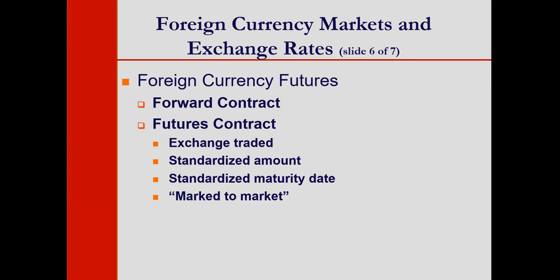Now you would ask the question, these are futures and forward contracts, and both have similar characteristics. The difference between forward and futures contracts is that futures contracts are standardized contracts traded through exchanges, whereas forward contracts are customized contracts.